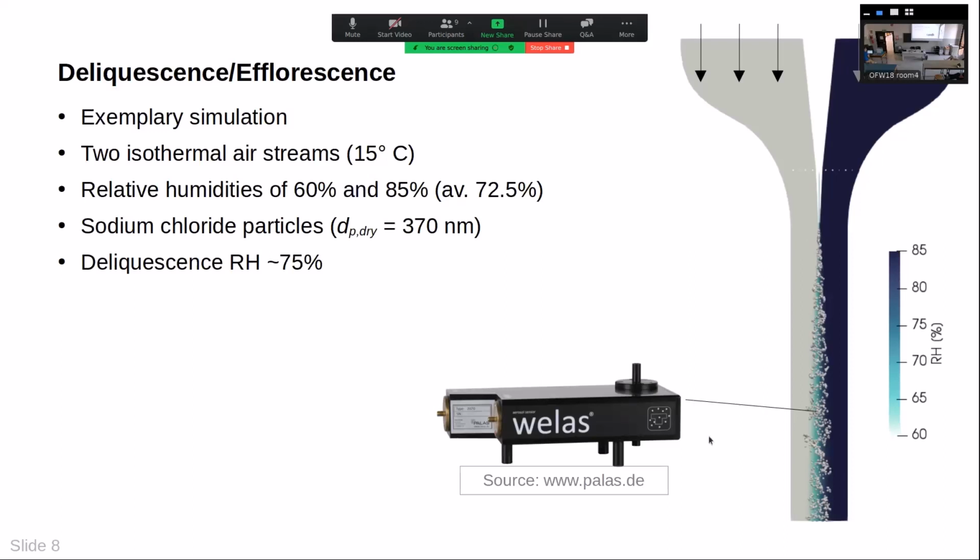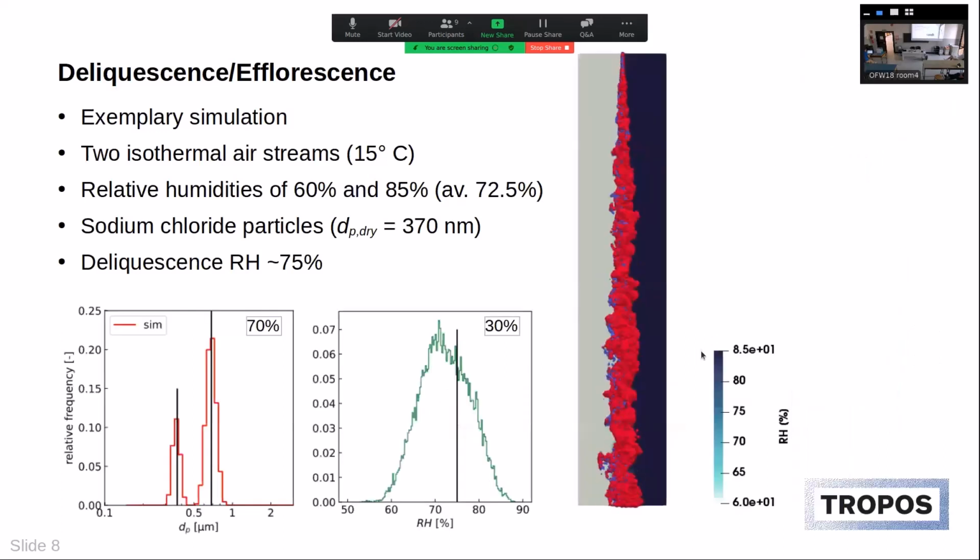And in measurements, we would use, for example, this optical particle counter to measure at a certain distance from the aerosol injection point to get the particle size distribution. And this can then look like this graph here on the bottom left. So we have some dry particles left. You can see here the left peak. These are the 370 nanometer particles. And then we have deliquesced particles with a peak here.